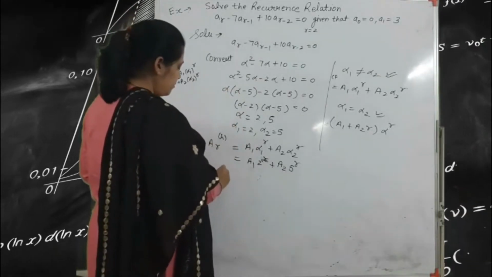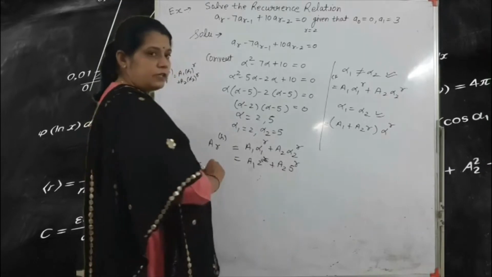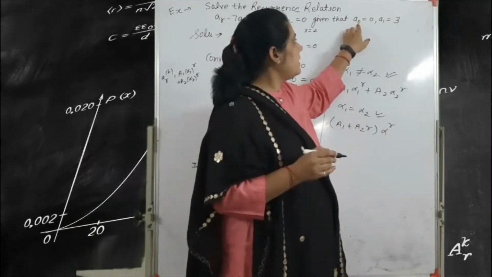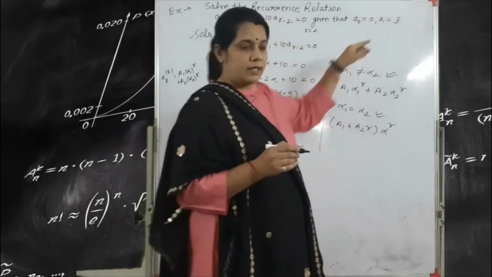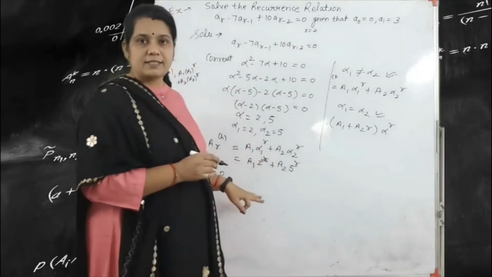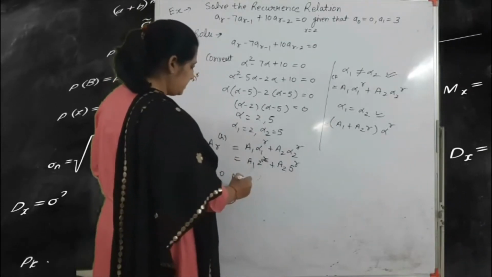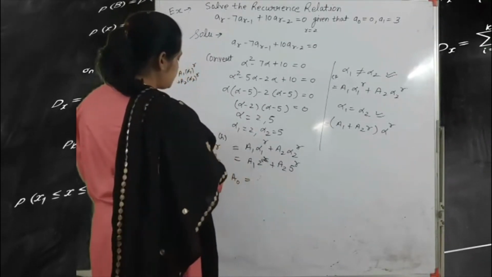So if we put r is equal to 0, don't be confused here. See the suffix a0, a1. First we put r is equal to 0. So a0 is equal to what? This is the small letter ar.